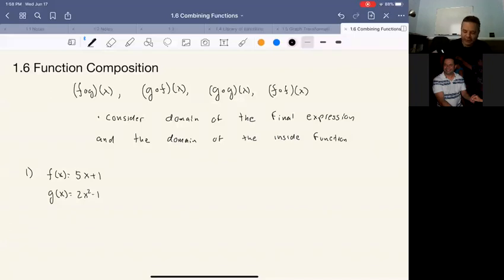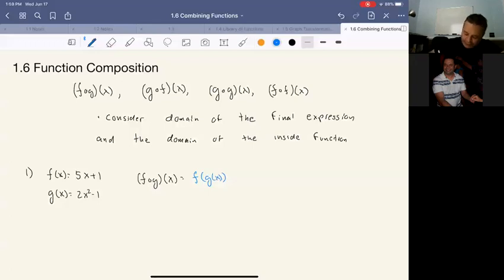These domains are both negative infinity to infinity. Let's take f following g of x. I like to think of it, we're going to take f on the outside. So this is f of g of x.